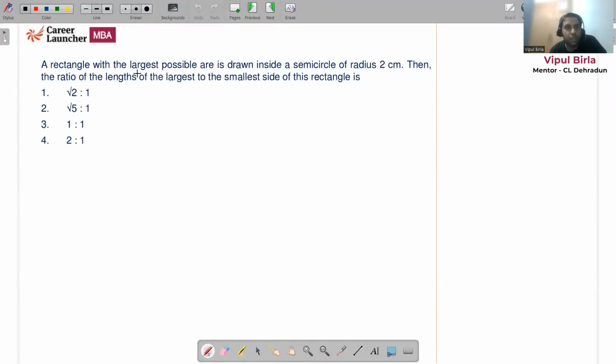A rectangle with the largest possible area is drawn inside a semicircle of radius 2 centimeter. Then the ratio of the length of the largest to the smallest side of this rectangle is. Let us say this is the semicircle with radius 2 centimeter.